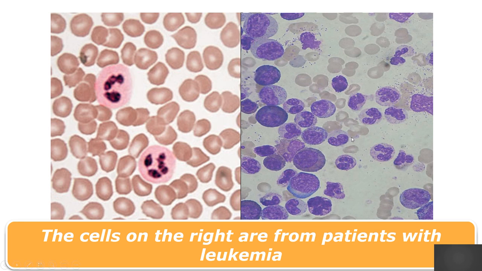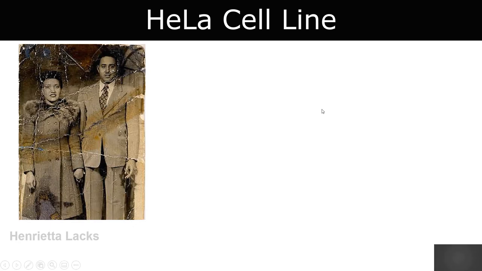So cancer cells will divide uncontrollably, and sometimes that can go on for decades or indefinitely. I want to tell you a little bit about the HeLa cell line. This is Henrietta Lacks, and she unfortunately got cervical cancer in 1951, from which she died at the age of 31.